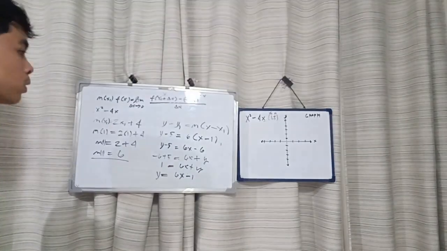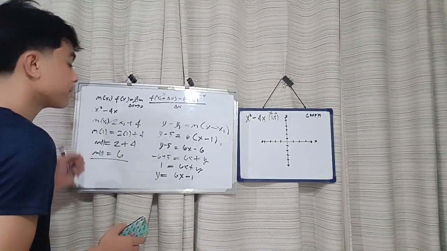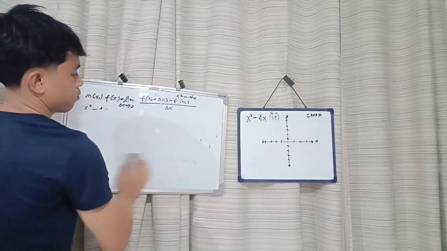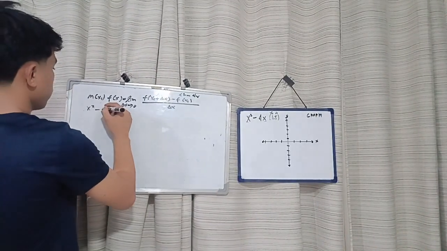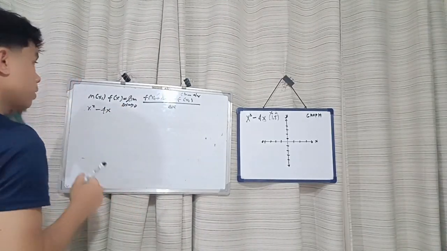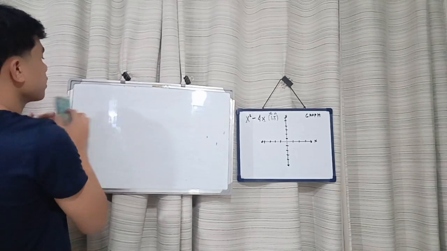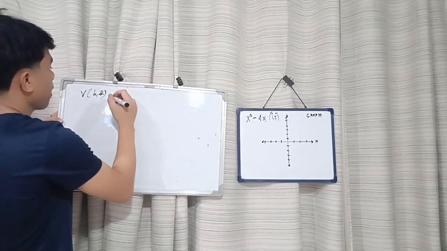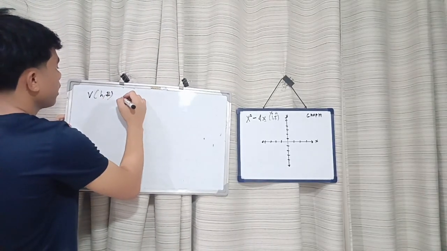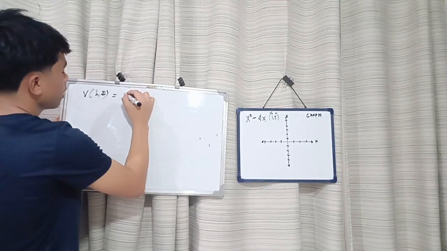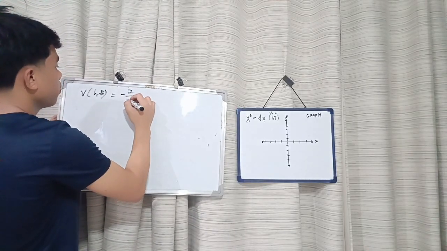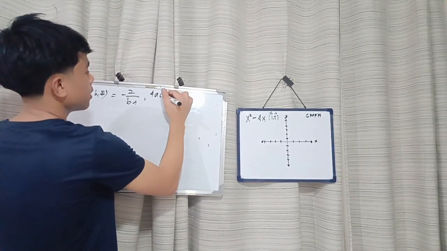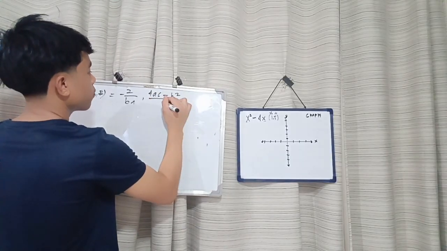Next we will get our vertex. The formula of our vertex is: vertex (h, k) equals (negative b over 2a, comma, 4ac minus b squared over 4a).